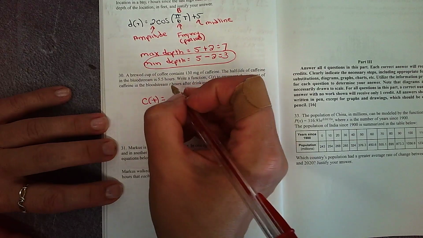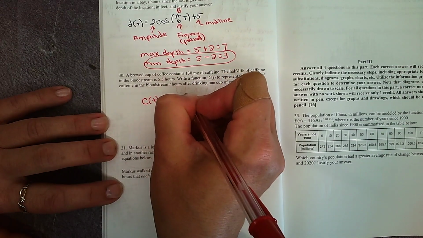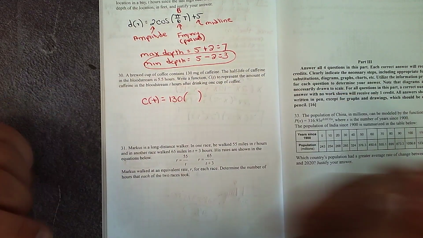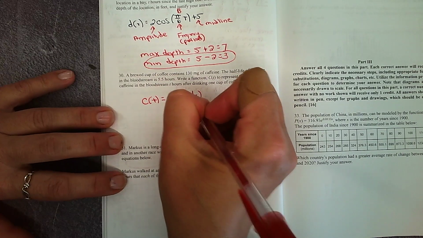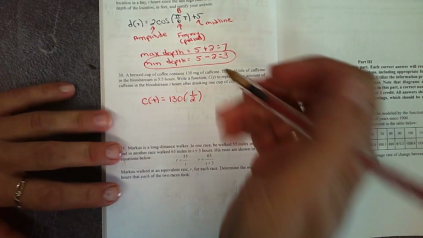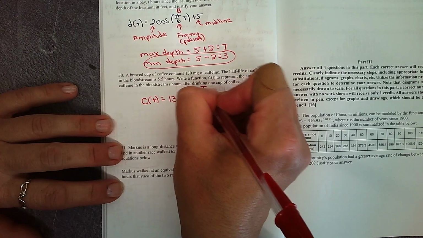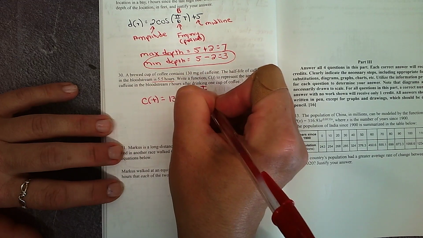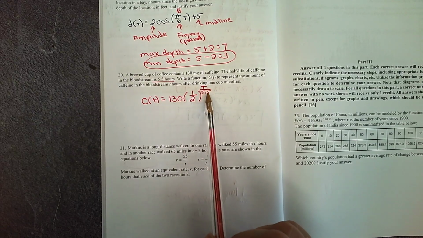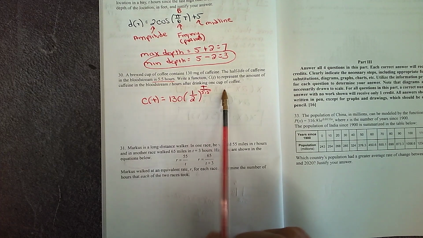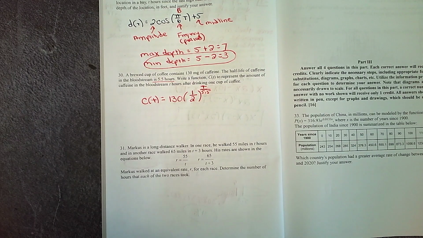What's the original amount? 130. If they say half-life, doubling, tripling, that number just goes in there. Okay? And then you always take your time and then divide it by whatever they gave you. And that is it. And you can get a point even if you leave this off. So at least if you do something, you're going to get a point for that.